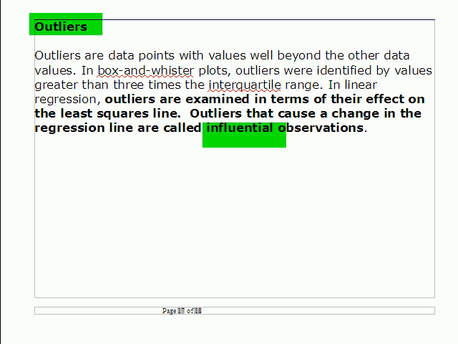Now, thanks to software, you can exclude some of those data points and see what happens. If you have an outlier and you still have the same line, it doesn't really matter. That data point can just sit there. But if that outlier has pulled your line into a new slope, then it's changed what you're doing, and you must carefully consider if that's something that you want to allow.